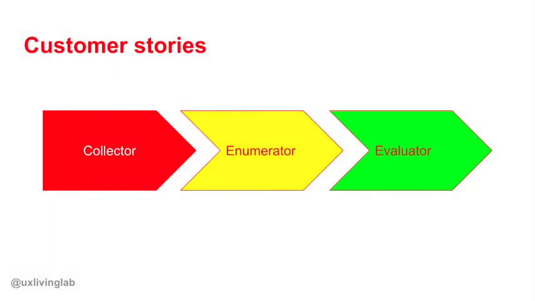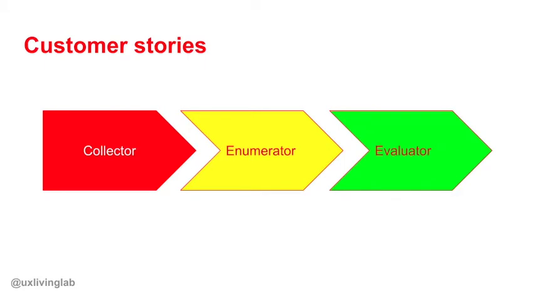Today, I will explain how we are approaching this challenge, how we are analyzing stories, and how we are collecting the stories during primary research. The strategy we are adopting to collect and analyze customer stories is a three-stage process, as seen on the screen.